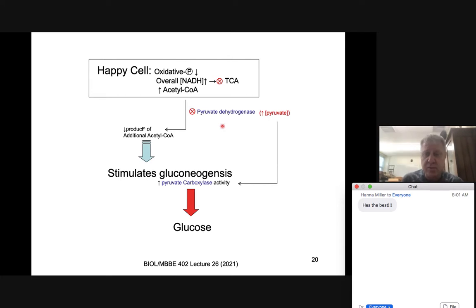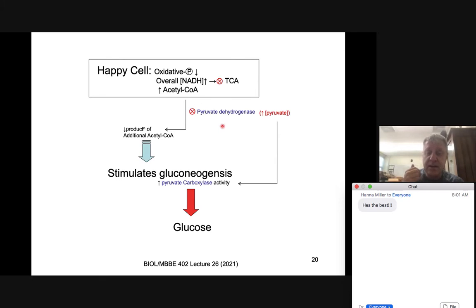Now, the pyruvate dehydrogenase complex is this gatekeeper between glycolysis and the TCA cycle. But it's also the gatekeeper to switch on the process of gluconeogenesis, because what it's actually doing is prohibiting the consumption of pyruvate to produce more acetyl-CoA, which will feed the TCA cycle to make more NADH. So in this case, we see the pyruvate dehydrogenase complex being halted.